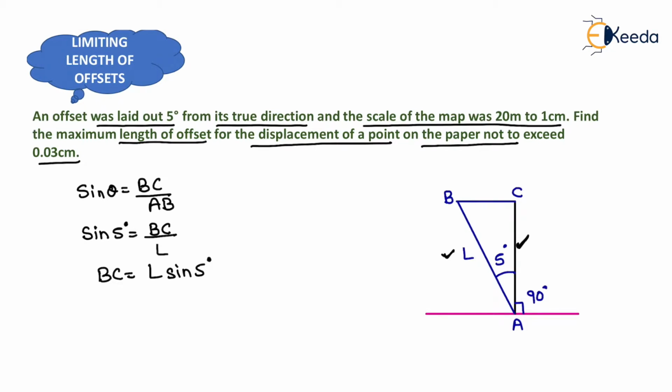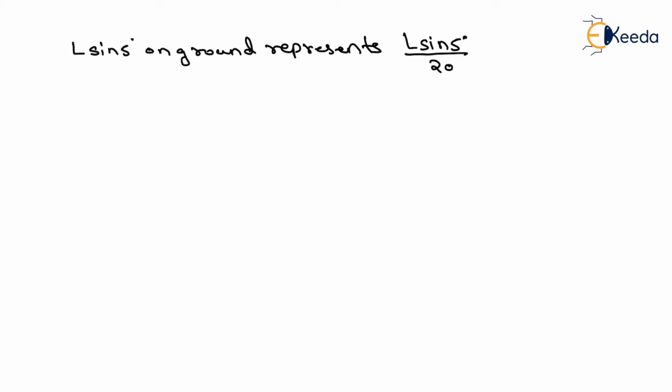Now we have the scale of 1 centimeter to 20 meter. It means that 1 centimeter on the sheet corresponds to 20 meter on the ground. Therefore L sin 5 degrees on the ground represents L sin 5 degrees by 20 centimeter on the paper.